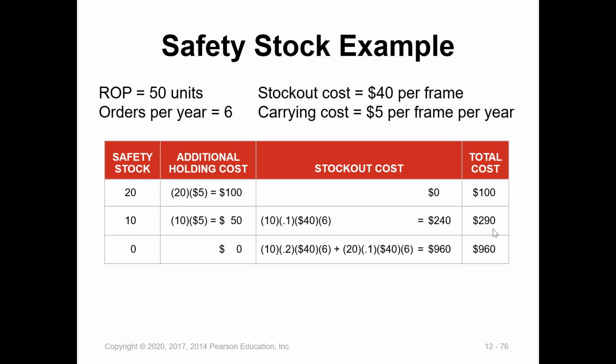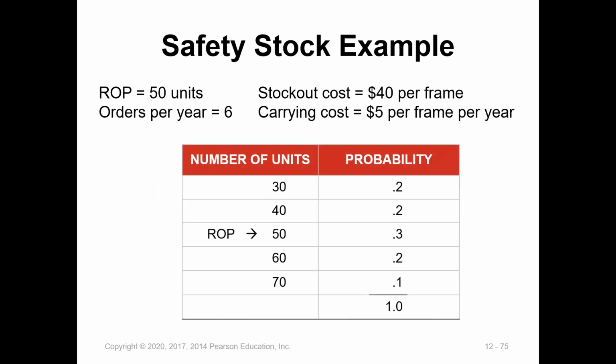So the total cost is 290. If we have zero inventory, 10 times 0.2 times 40 times 6 plus 20 times 0.1, and so on. You see?